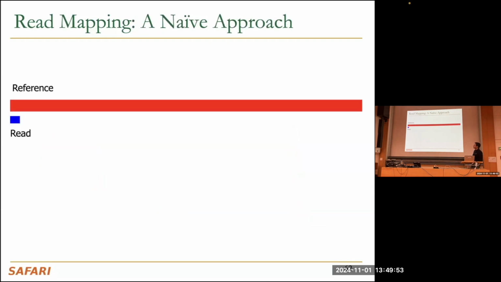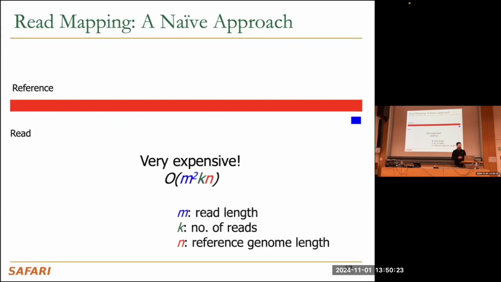You can take a look at this illustration and assume you want to map a single read to a reference genome in a naive way, meaning you perform your approximate string matching algorithm for the read starting at every base in the reference genome. This is a long process. It requires a large number of approximate string matching computations, which is not very practical.